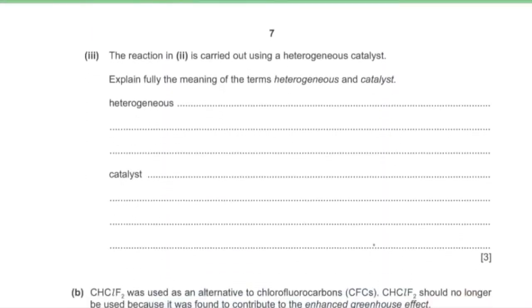Part 3, the reaction in 2 is carried out using a heterogeneous catalyst. Explain fully the meaning of the terms heterogeneous and catalyst. So a heterogeneous catalysis is all about a catalyst that is in a different phase to reactants.